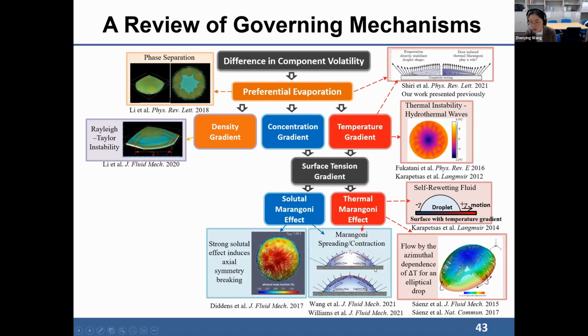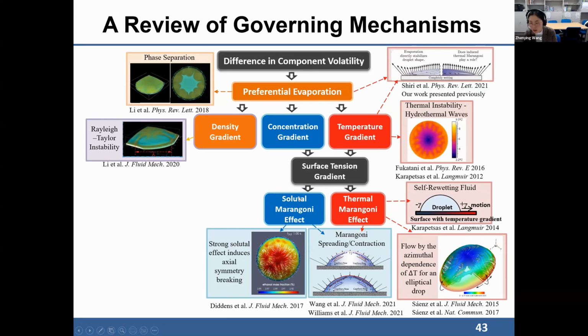And also, again, the solutal-Marangoni effect, as revealed in our research and also in this other work. The solutal-Marangoni effect will cause the spreading or contracting effect, both for a multi-component droplet, for example a saline solution, or a binary mixture such as alcohol and water.